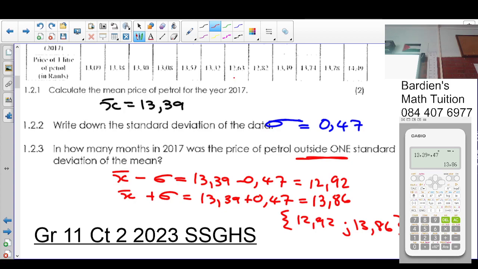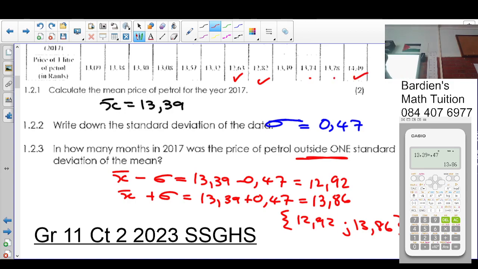What's this? That is outside. 12.63 is outside. 12.82? Outside. 13.49? Inside. 13.71, 13.74? Inside. 13.78? Inside. Outside.